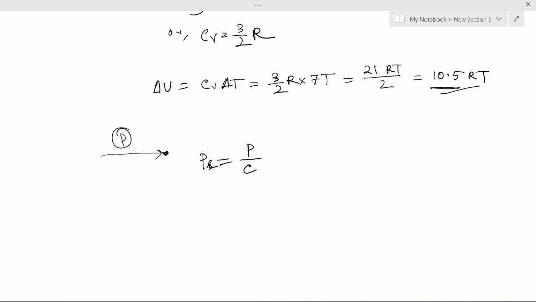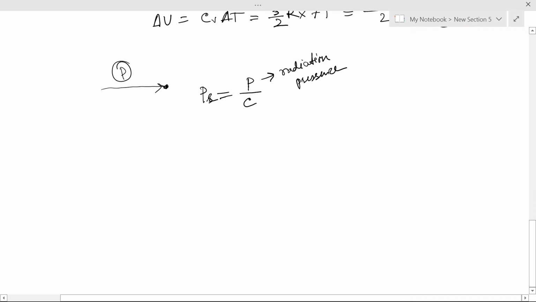Okay, so it is the pressure exerted by a radiation, or the radiation pressure. So the radiation pressure is this.